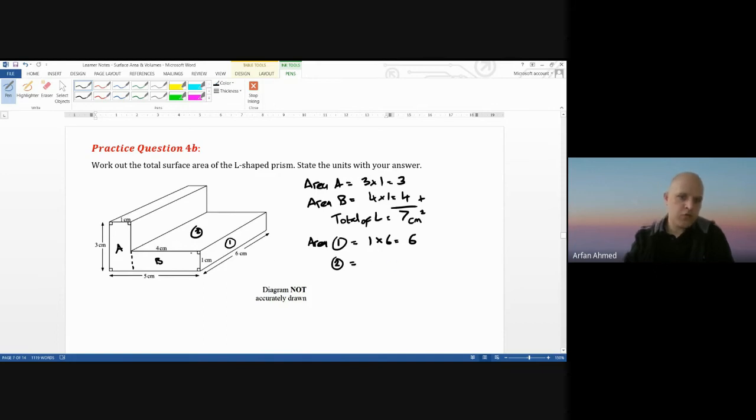That's going to be 4 times 6, which is 24. Let's call that shape 3. What's that going to be? I need this, which is, if that's 1 there, that's 3. That's going to be 2. 2 times 6. Okay. Let's call that 4. It's going to be 1 times 6.